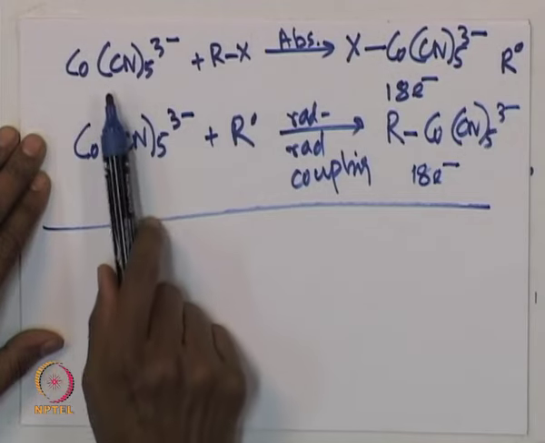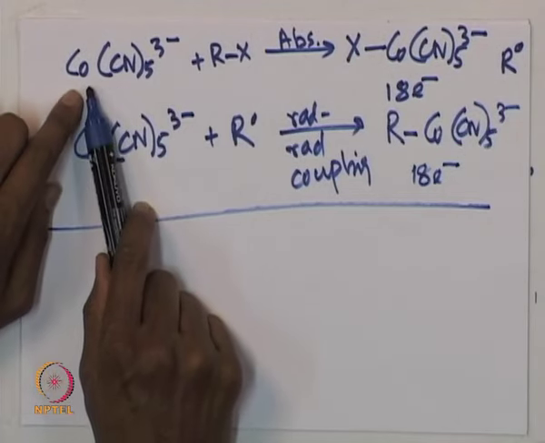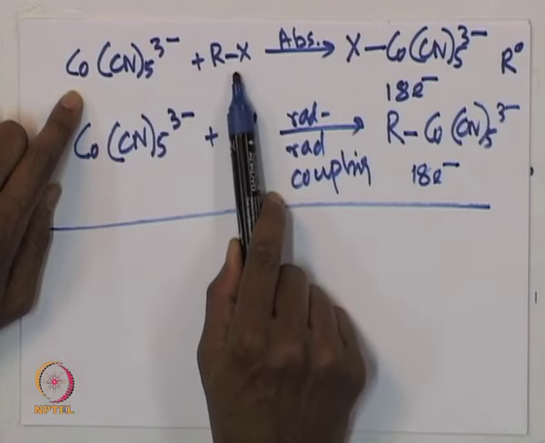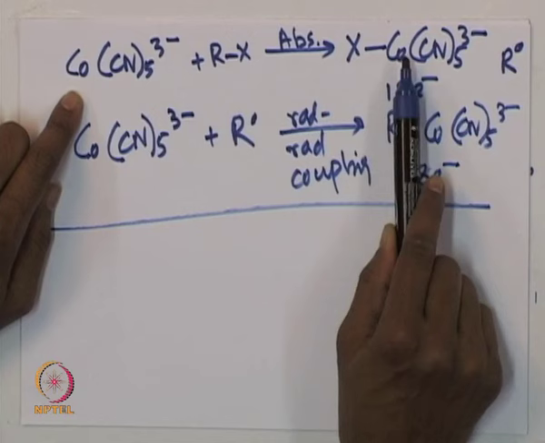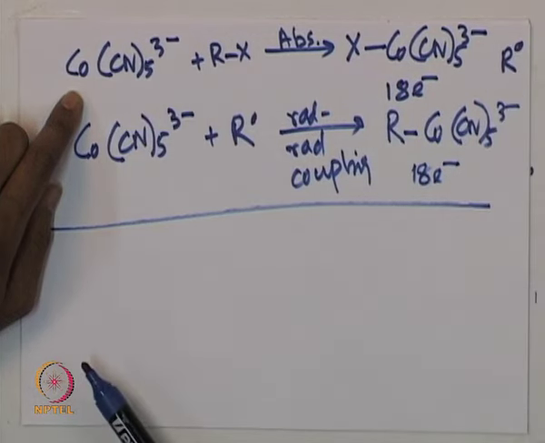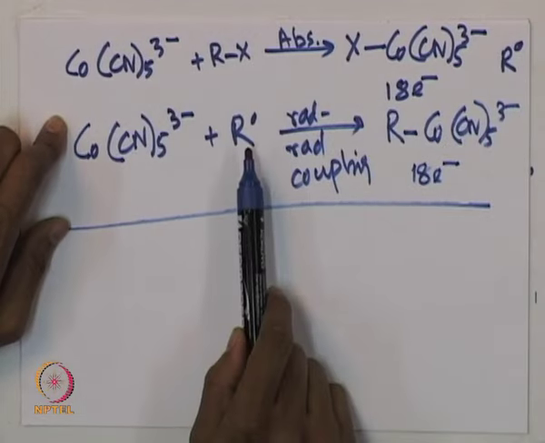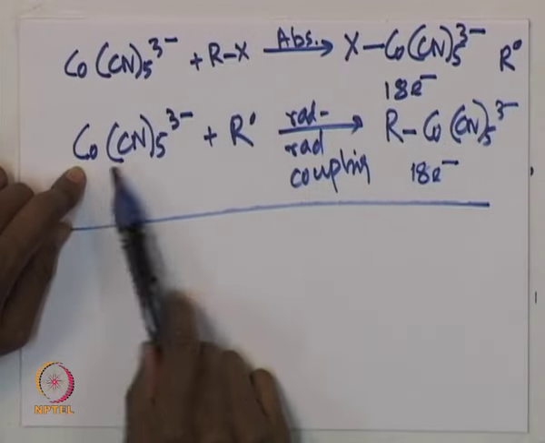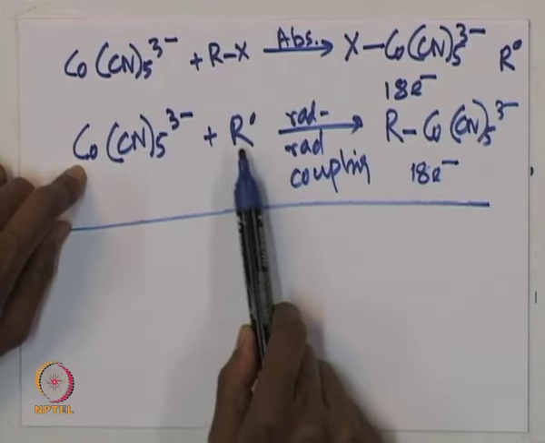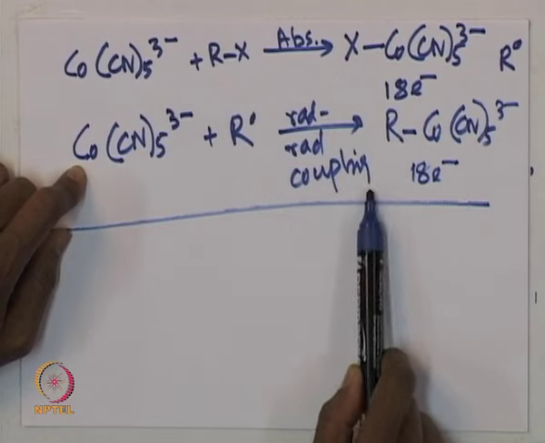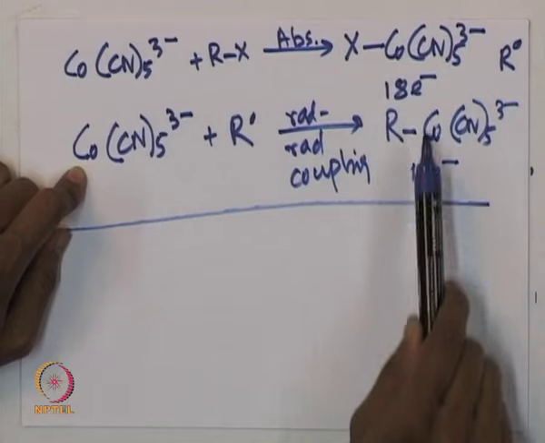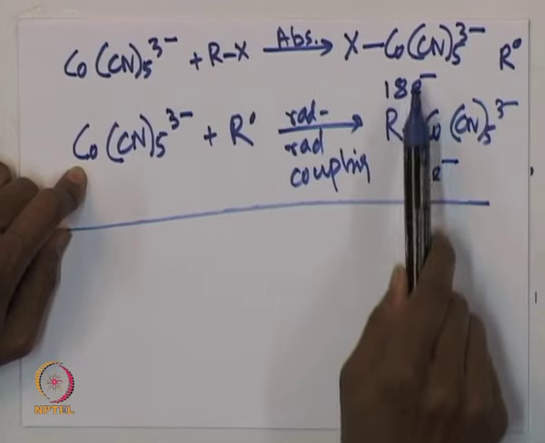So, what we have seen so far here, the cobalt pentacyanide species reacts with RX to give you XCo(CN)5 3 minus along with R radical formation. This radical will combine with the cobalt, which is again a kind of radical intermediate, a 17 electron species, to give you, by radical coupling, overall RCo(CN)5 3 minus. Both these species are 18 electron in count.